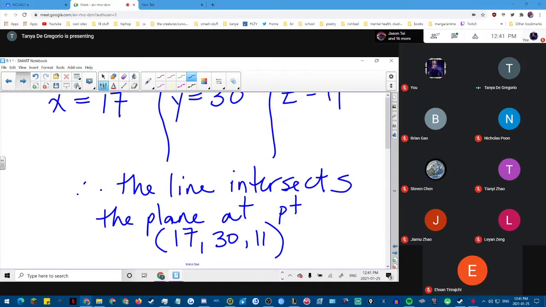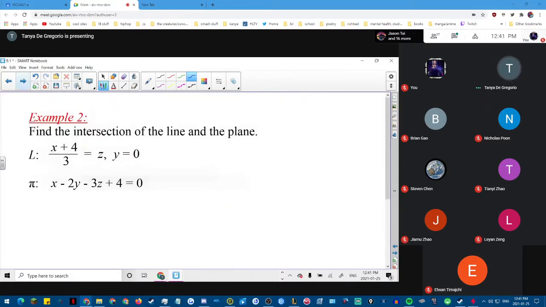Okay, let's do another example. So here I'm given symmetric equations and I'm given a plane. So again, we're going to go to parametrics. You guys are still with me, right? Yep. Thank you. All right, so from here, I have (x plus 4) divided by 3 equals t. So what does x equal?